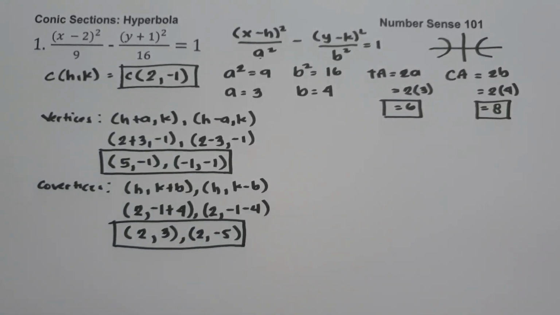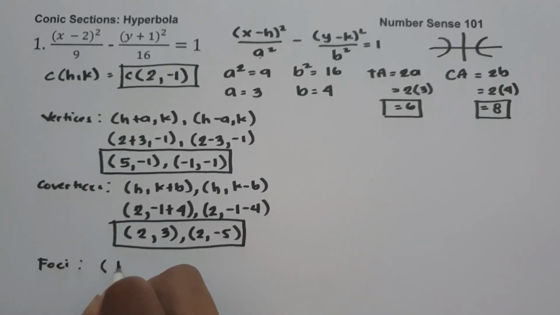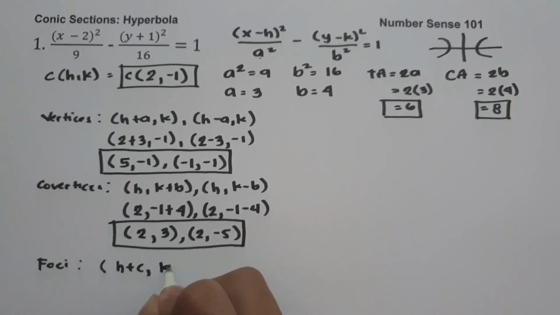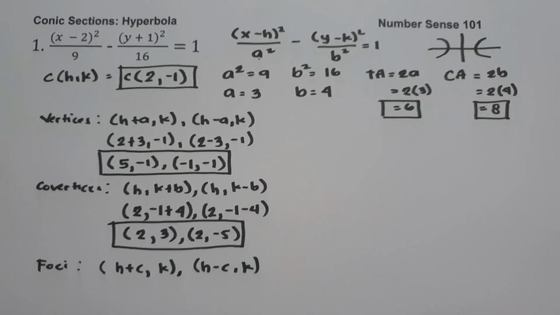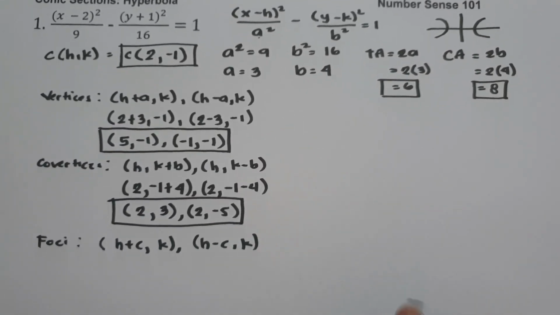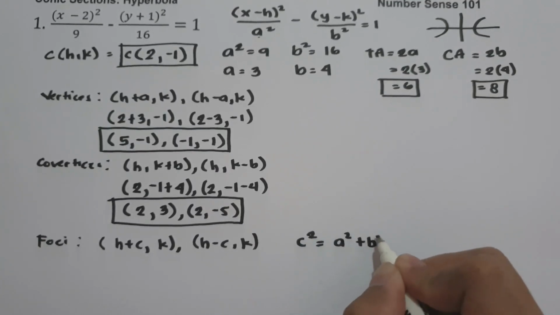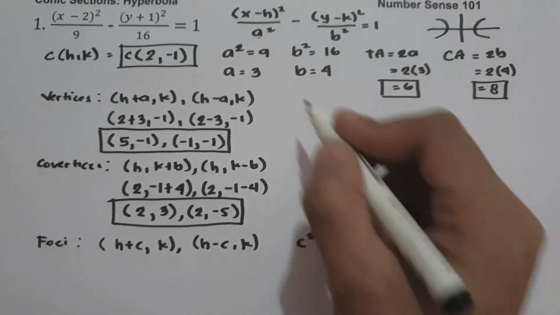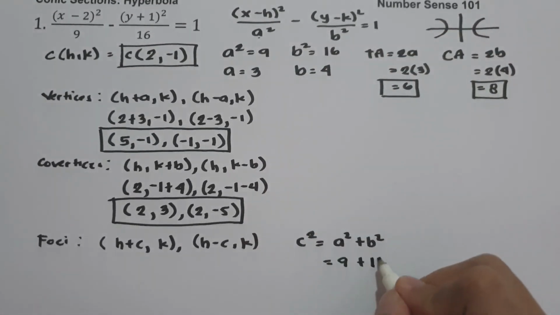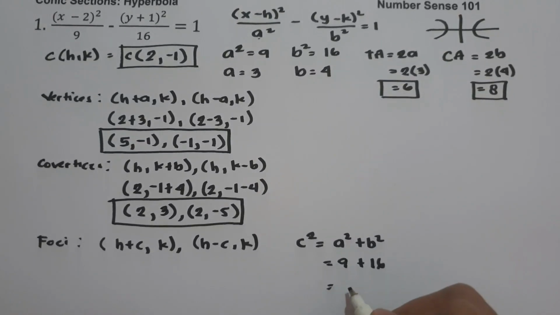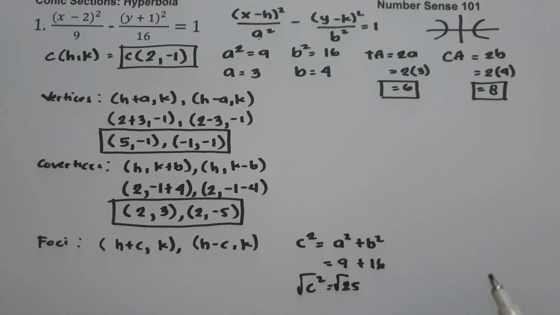And to find the coordinates of our foci, let us have (h plus c, k) and (h minus c, k). To find the value of c, we are going to use the formula c squared equals a squared plus b squared. The value of a squared is 9, and the value of b squared is 16. 9 plus 16 is 25. So let us take the square root of both sides to find the value of c.